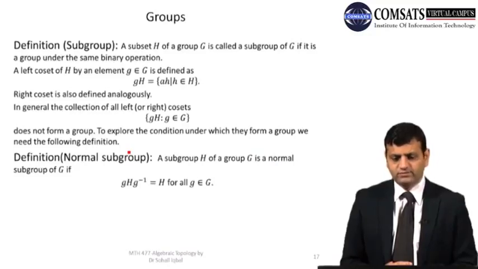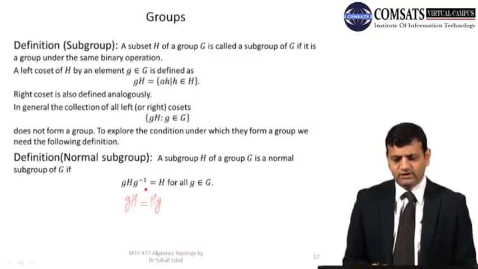A subgroup H of a group G is a normal subgroup of G if g H g inverse is equal to H for all g belonging to G. So in other words, we can also say that gH is the same as Hg. If I multiply by g on both sides, then I will get this condition. So it is the same condition as this condition for all g belonging to capital G.